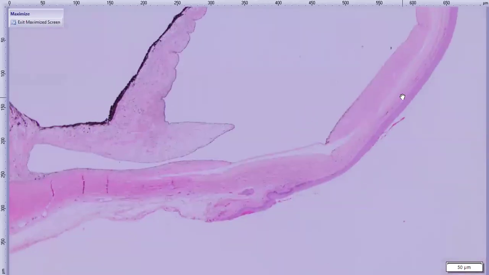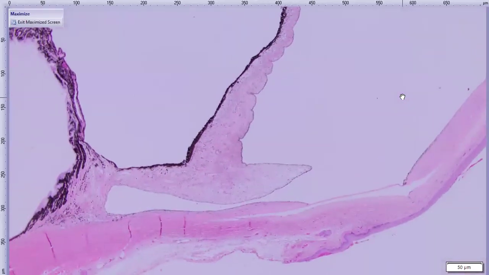So let's go back to this area and start chatting. With all of the features in this goat, the large breaks in Descemet's membrane, it could always be Haab's striae. It's interesting that they had such a robust fibrosis associated with them. We don't always see that with Haab's striae, at least in other species.